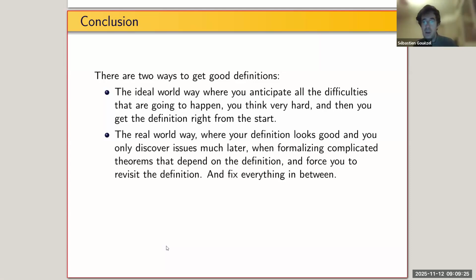In the real world, you think a little bit and you cook up a definition, and the definition looks pretty good because you're able to prove some theorems with it. And then much later on, when you do more complicated applications, you realize that there is a flaw in your definition. It's not general enough, or maybe you get something very slightly wrong. And as I said, you discover it much later. And this forces you to revisit the definition and to fix all the files that were depending on the definition.